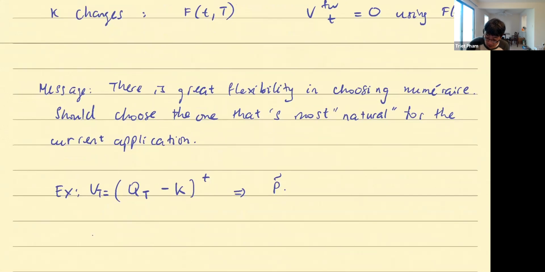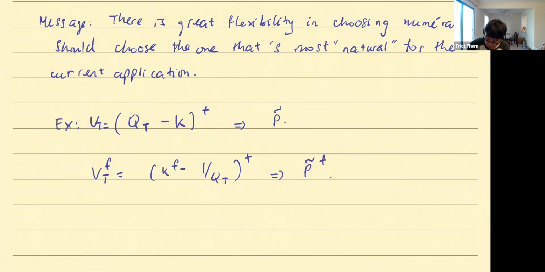If you look at a put on the dollar, notice this is in the foreign currency. The units of this and this are different. Then the most natural one is P tilde F, or P tilde NF.